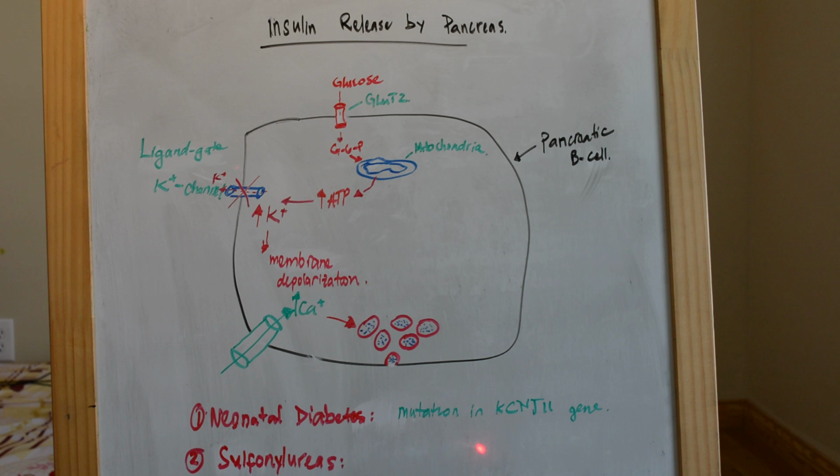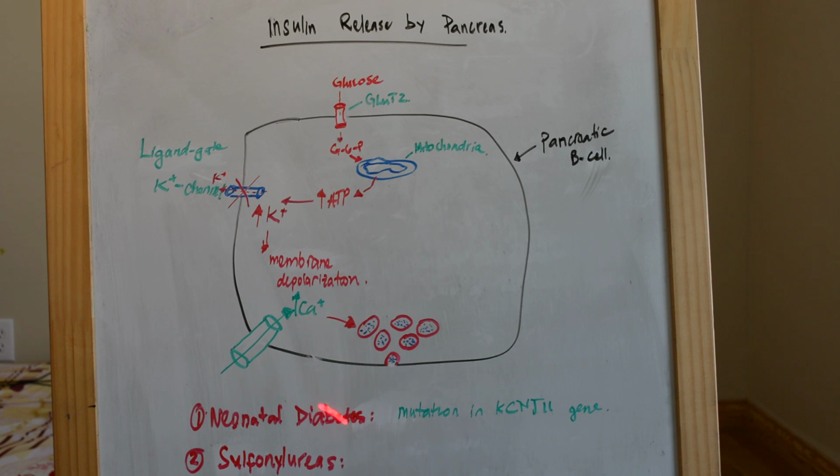Therefore, more of the potassium will pump out of the cells, and so it's unable to accumulate within the beta cells. So the beta cells do not depolarize, and so it does not stimulate the voltage-gated calcium channels to open. Therefore, calcium is unable to accumulate within the cells, and it disrupts the release of insulin. So that is why we have neonatal diabetes.